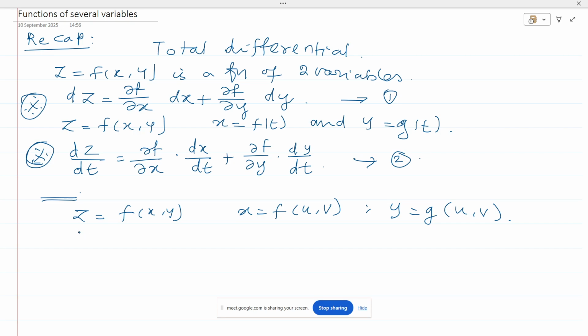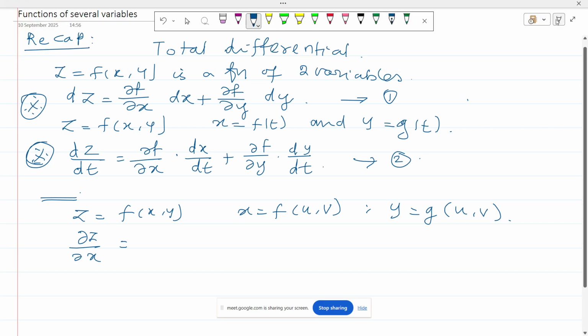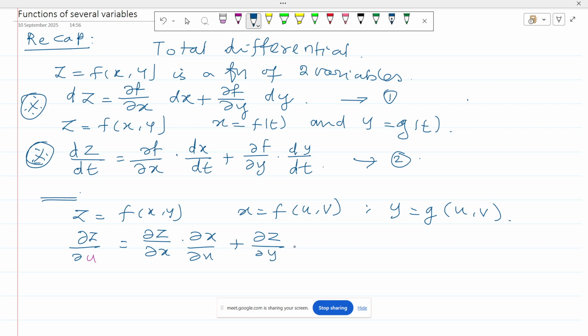at that time we can write two formulas. Dou z by dou u equal to dou z by dou x into dou x by dou u plus dou z by dou y into dou y by dou u.